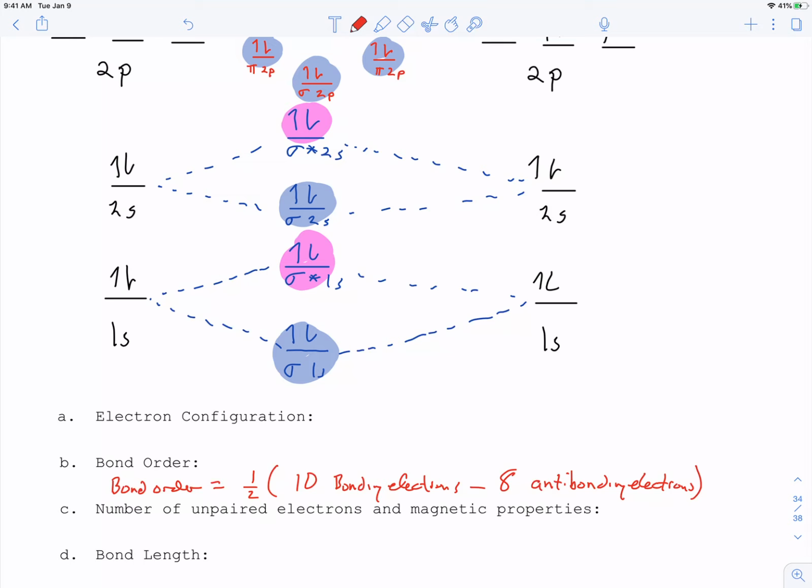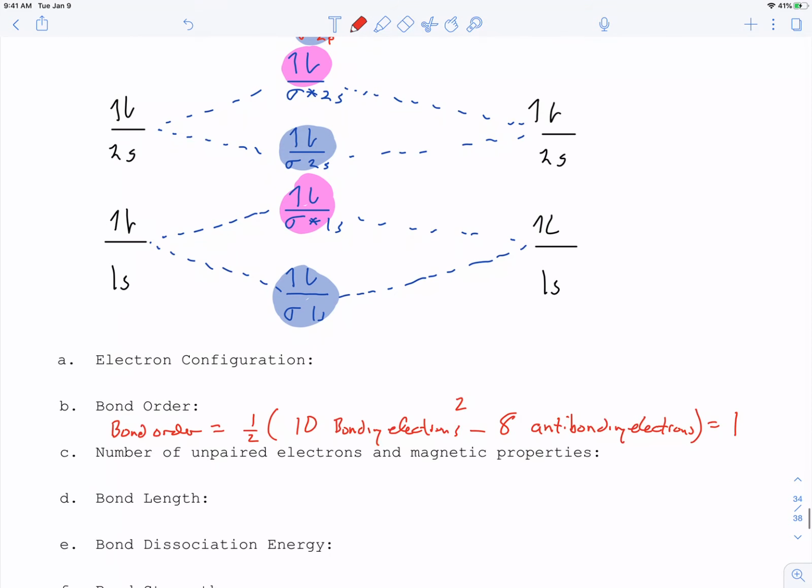So that's going to be a bond order of 2 times 1/2. So that means 1. And you should have already remembered that there's 1 bond in F2, which you remember from previous classes. So that's consistent with Lewis structure and VSEPR and everything else.